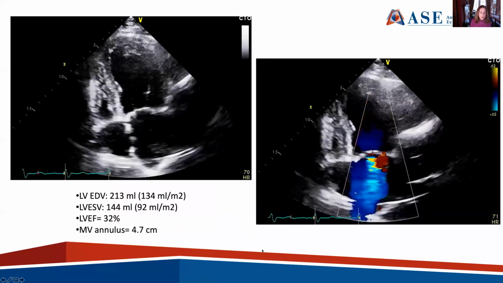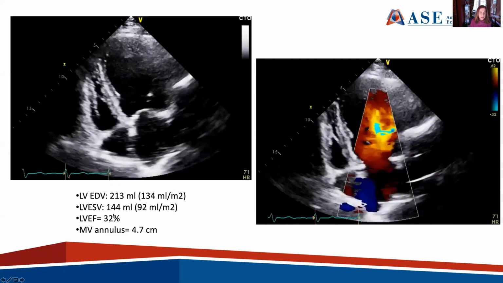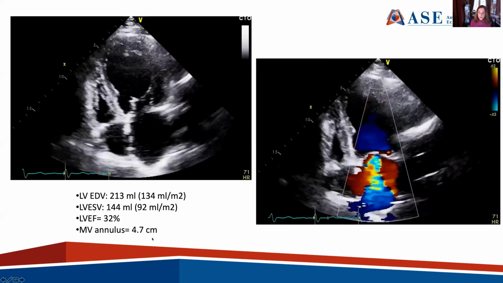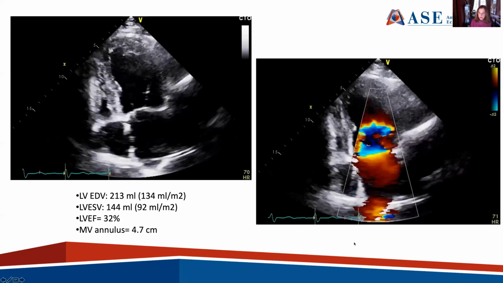On our four-chamber view, we see that the left ventricle is severely dilated. The ejection fraction is depressed at 32%, and the annulus is dilated. You see that there is significant mitral regurgitation.